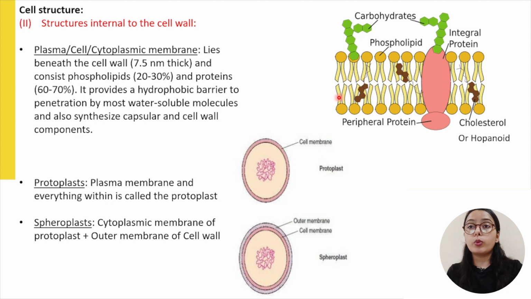Now talking about the proteins, the membrane proteins are generally of two types, that is peripheral protein, which is present at the periphery of the bilayer, and the integral protein, which is present inside the lipid bilayer. This peripheral protein is loosely attached and can easily be extracted.